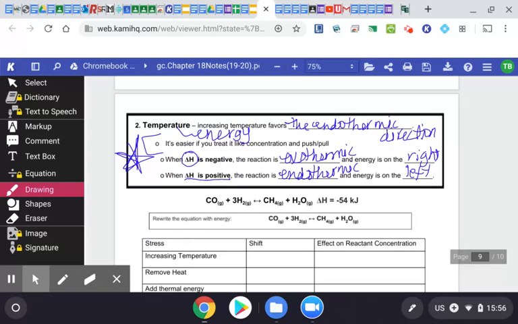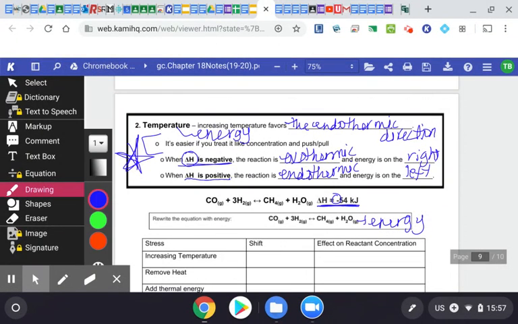So the first question we see here is rewrite the equation with energy. Notice that our change in enthalpy, our change in energy value is negative. Well, up here we said when our change in energy is negative, we have an exothermic reaction and energy is going to be written on the right-hand side. So I'm going to write energy on the right-hand side there.